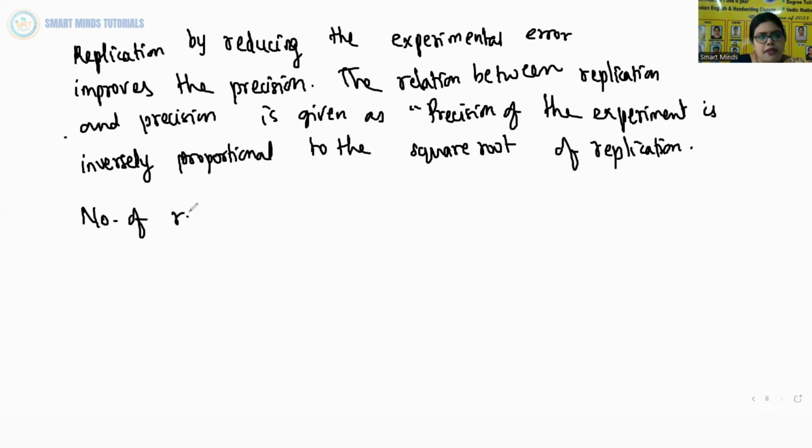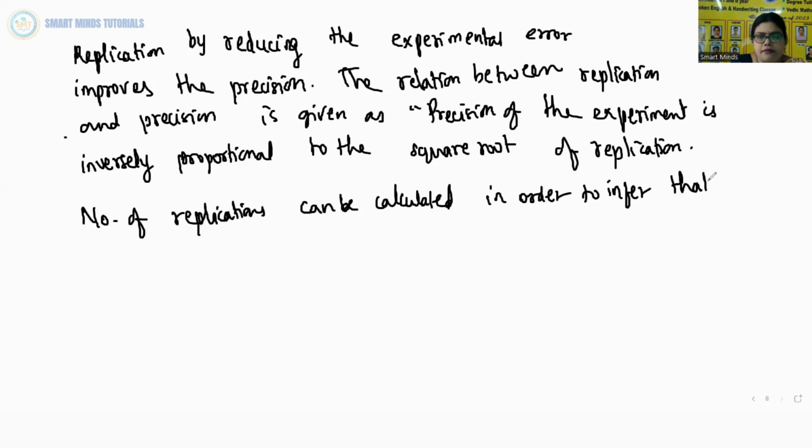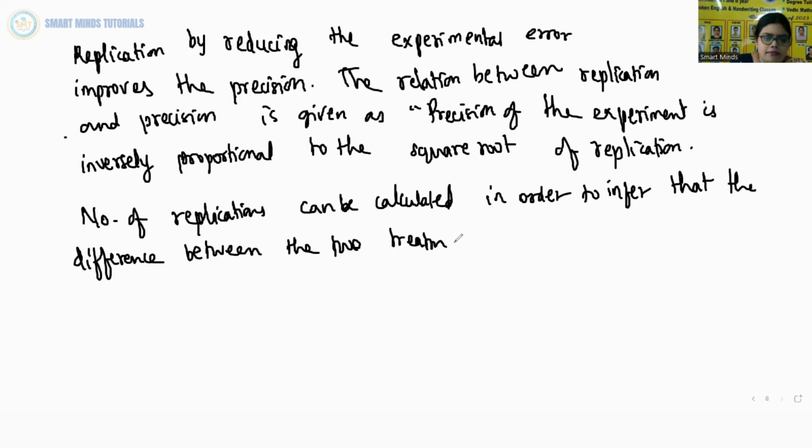So the number of replications can be calculated in order to infer that the difference between the two treatments is significant at a given level.